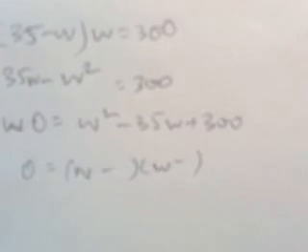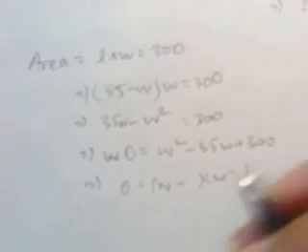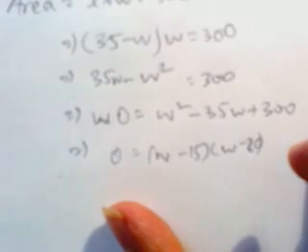Now we have to find what goes in these empty spots. 15 plus 20 equals 35, and 15 into 20 equals 300. So we could say negative 15 and negative 20. So W minus 15 and W minus 20 equals 0. That is the factored form of this quadratic equation.